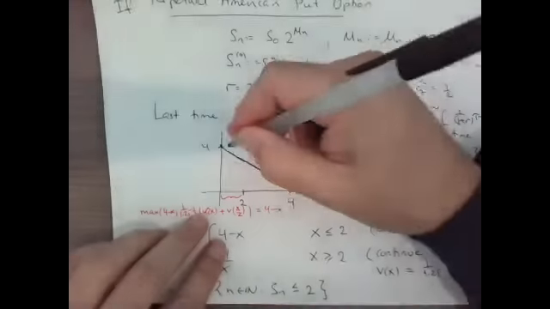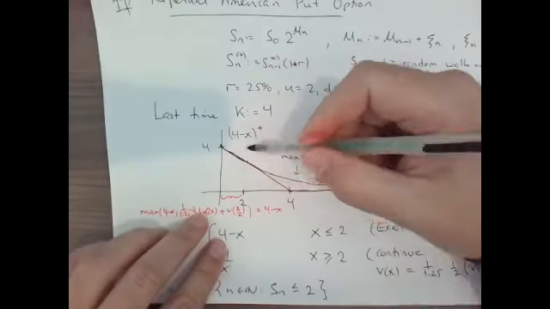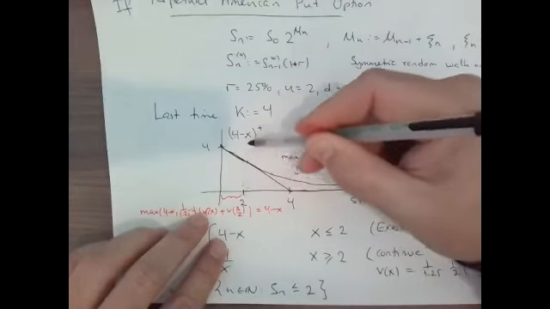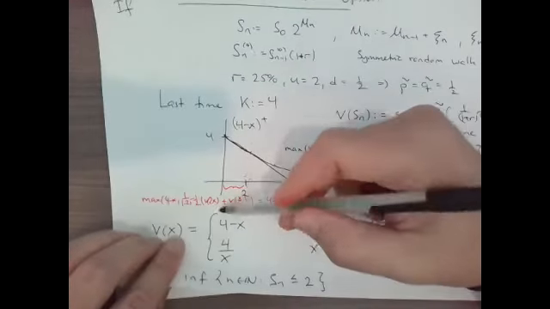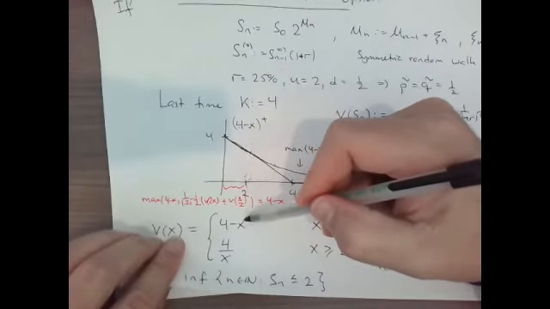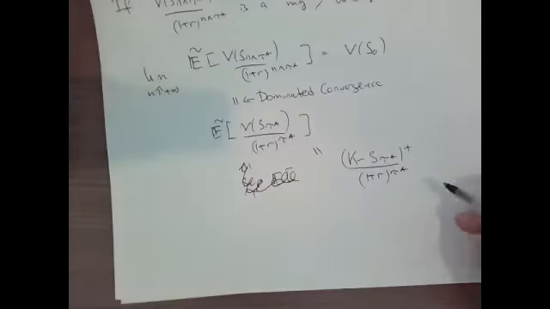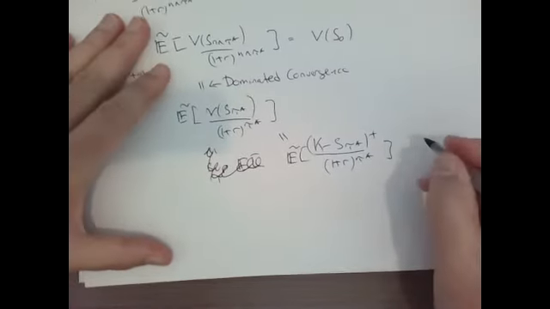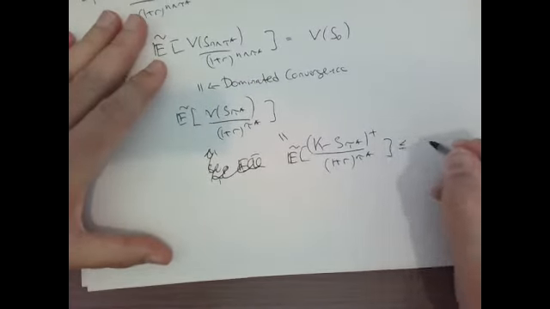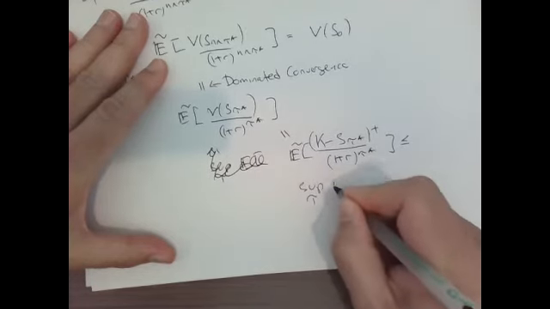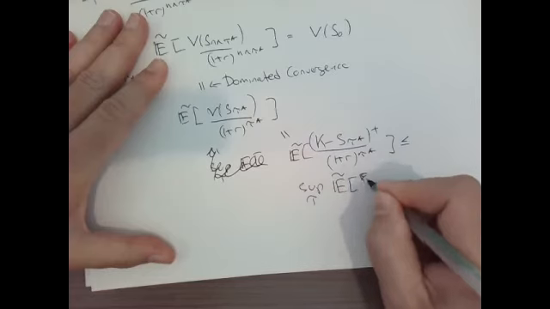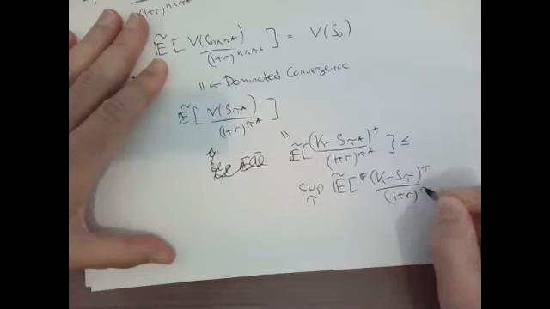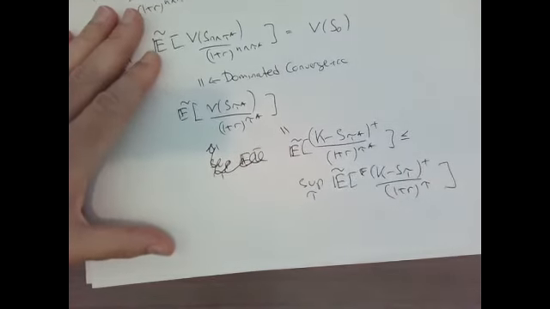So again, this piece here is K minus X. The stock price moves, it hits this thing. So at that time, the value function is going to become exactly 4 minus X. The expectation here is going to be less than the supremum over all stopping times, because this is just one of them.